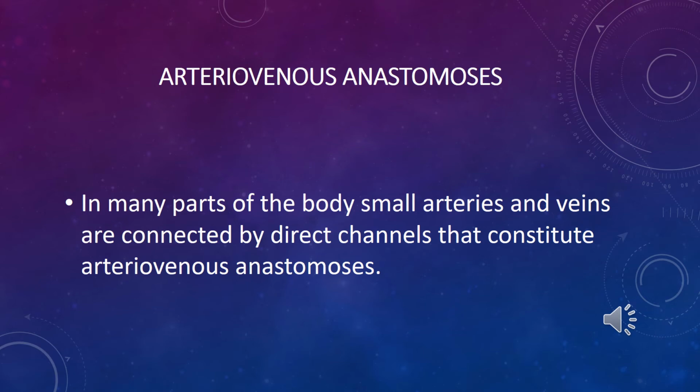It's a special part of blood supply because an arteriovenous anastomosis is a structure formed without capillaries, arterioles joined with venules, and capillaries are not present in this part.